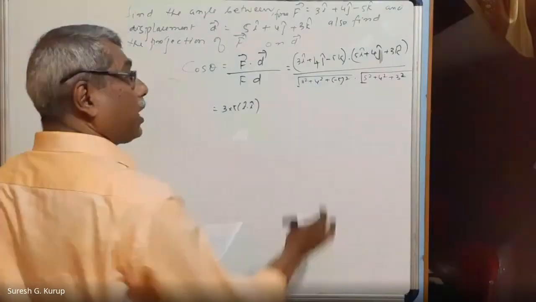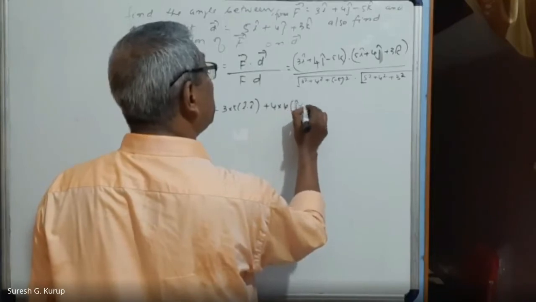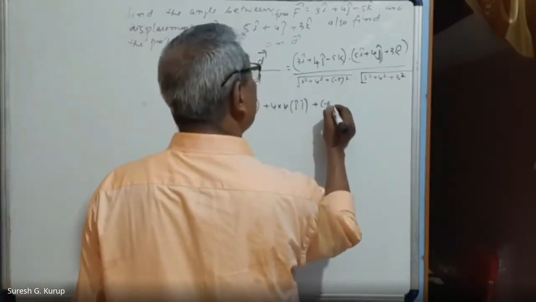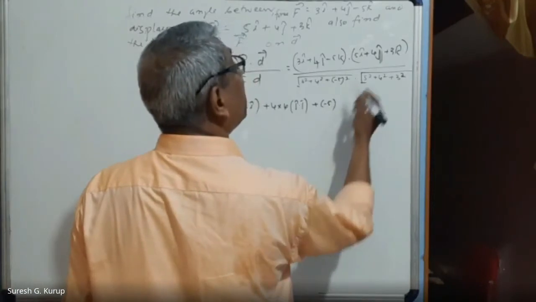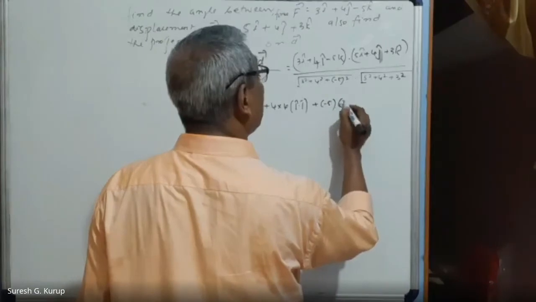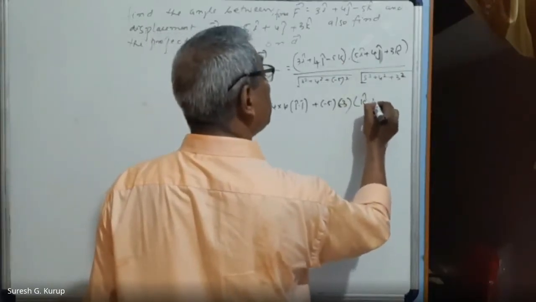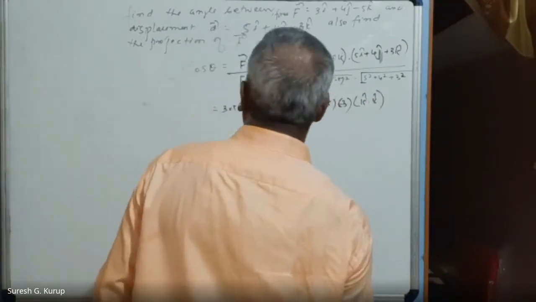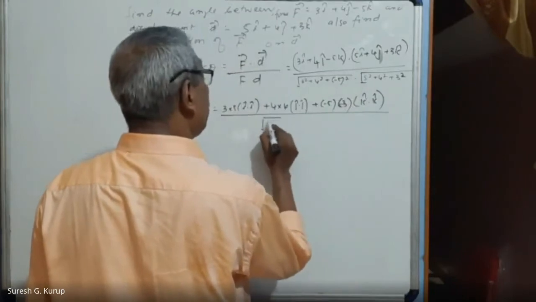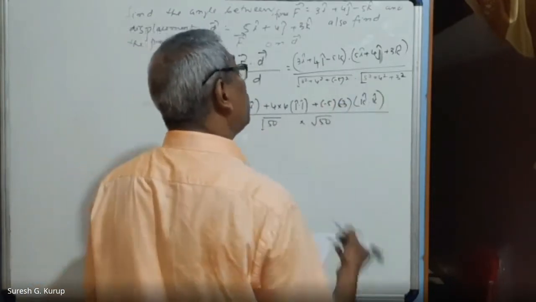Again, 4 into 4 into j dot j. Again, plus minus 5 into plus 3 into k dot k. The whole is divided by root 50 into root 50.